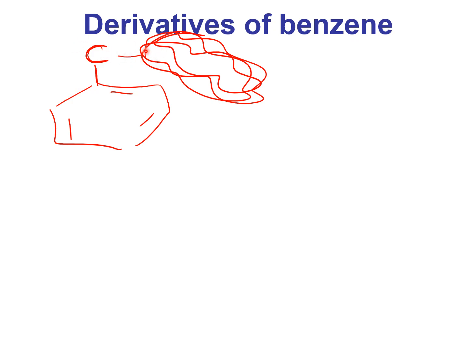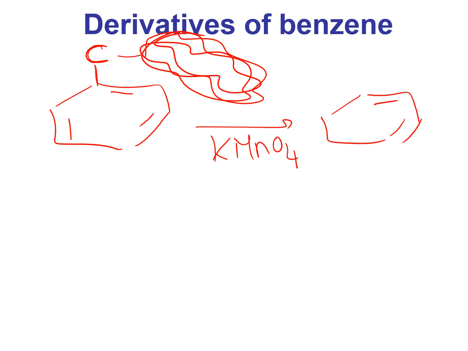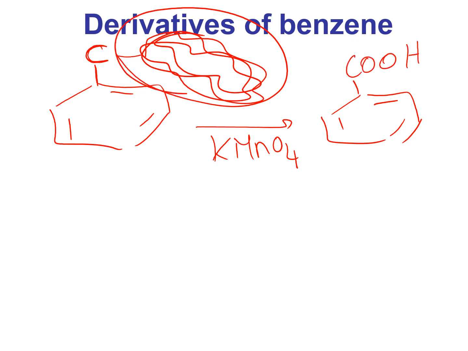Whatever is attached to the carbon does not mean anything to me. It can have monkeys attached to the carbon. I do not care. And if I react them with potassium permanganate as an oxidizing agent, the whole thing will go away. All these drawings will go away and it will be changed to a carboxylic acid.